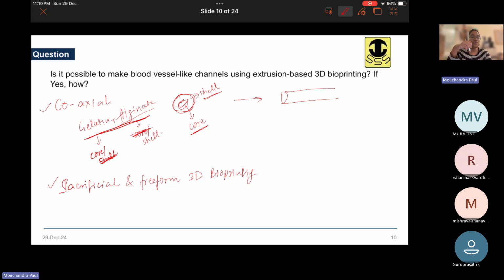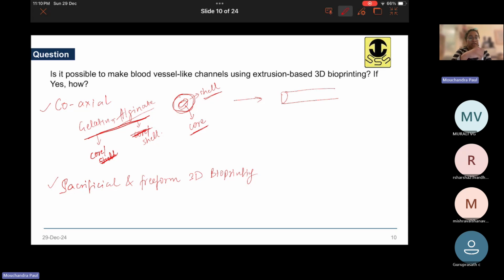What you do is immerse the tip of the needle inside the support bath, and as this needle moves to make the 3D model, your ink gets deposited inside the support bath. Now, the support bath can be cross-linked, all right?